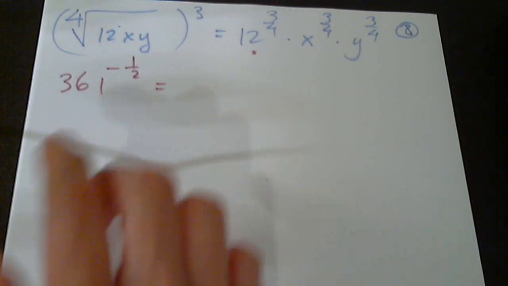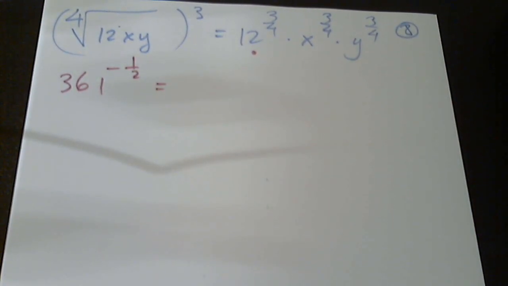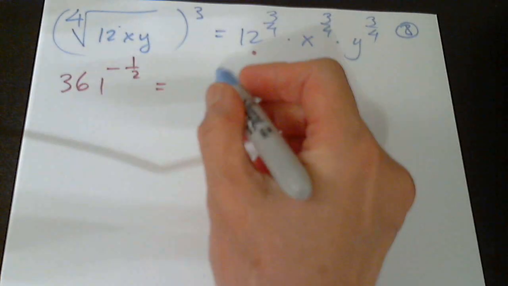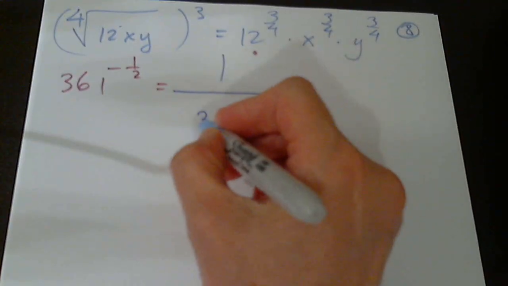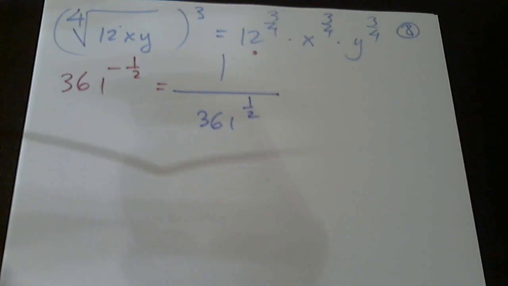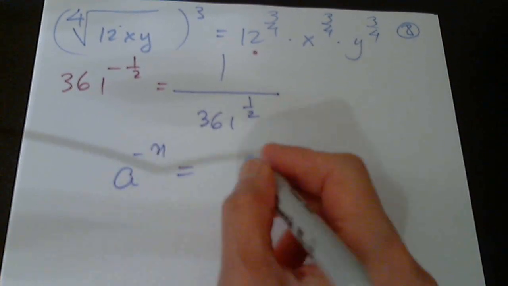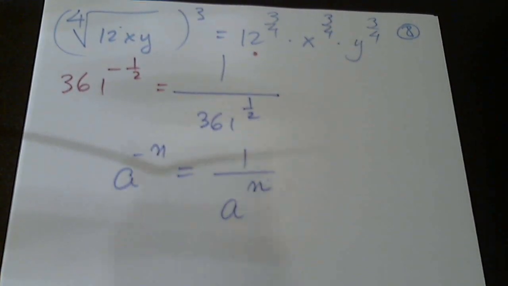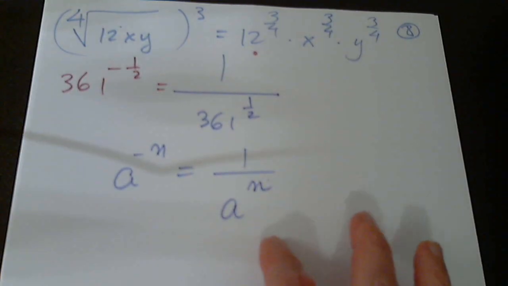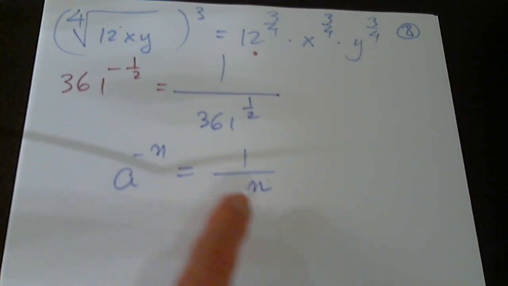It's a fraction. So a to negative n is 1 over a to the nth power. Any negative exponent, please remember, any negative exponent is a fraction. 1 over the same thing, but with a positive exponent.